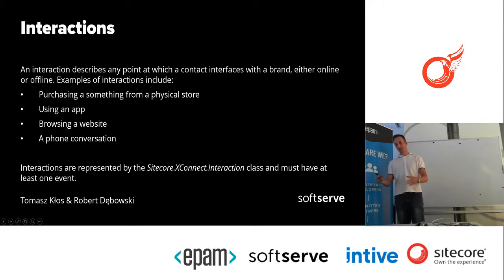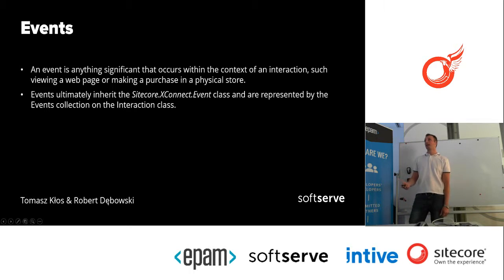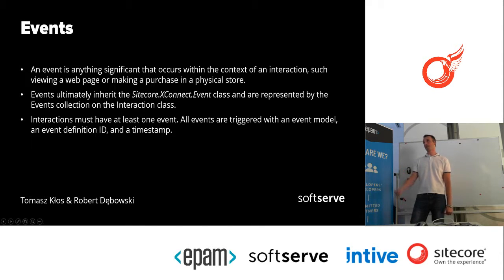So an interaction is a container for events: you put some activity as an event, you can add some custom facets for that, and you wrap the whole thing as an interaction. Events are the actions or triggers made for the interaction, such as viewing a web page or making a purchase. This is the information about the namespace. Highlighted one more time: the interaction must have at least one event.